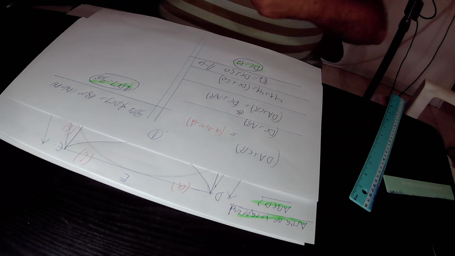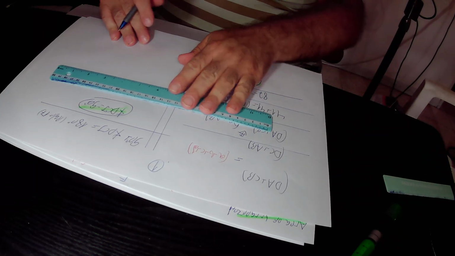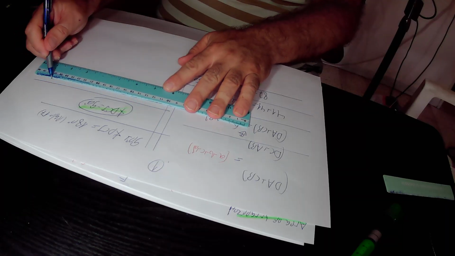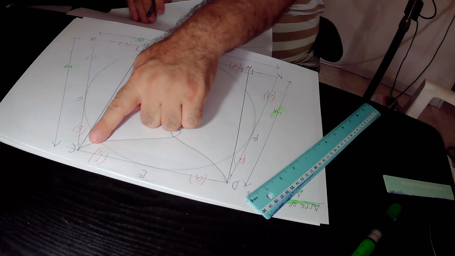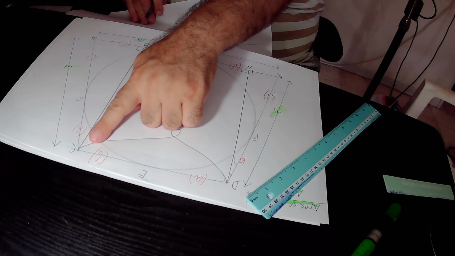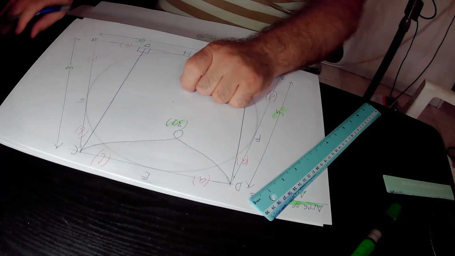So actually, this is the missing angle DCJ that is equal to 90 degrees in its size.